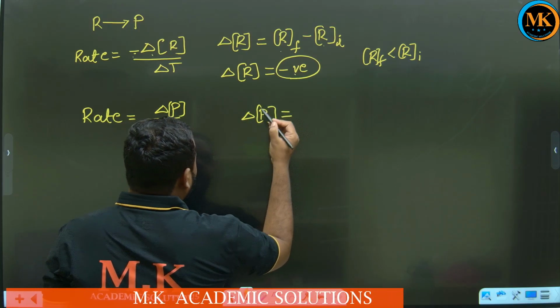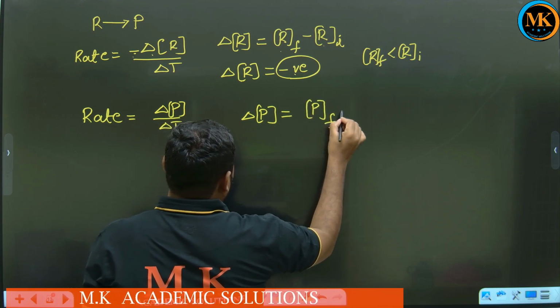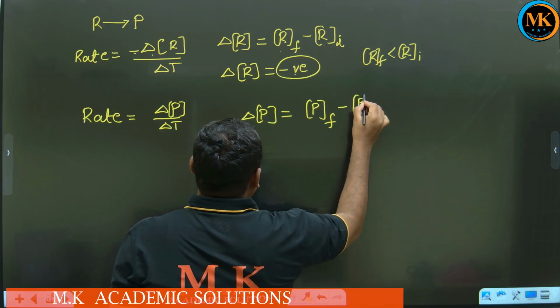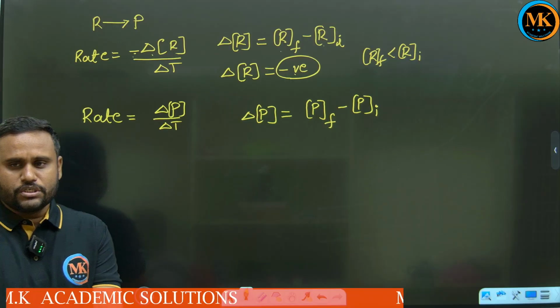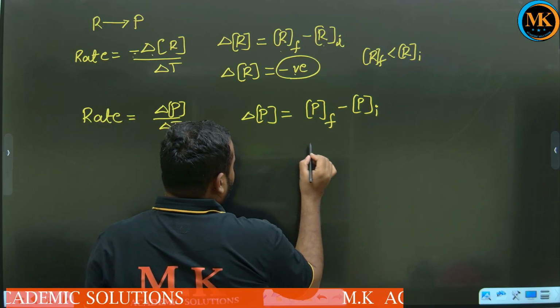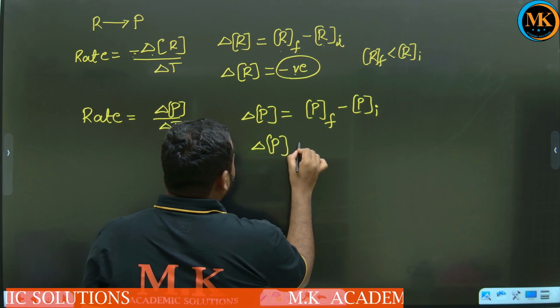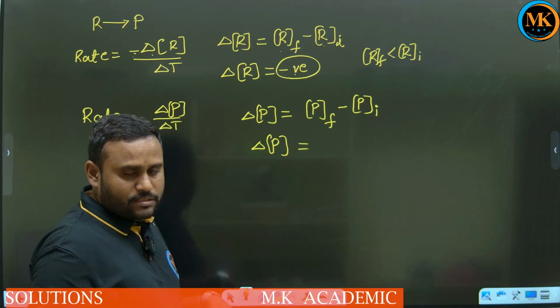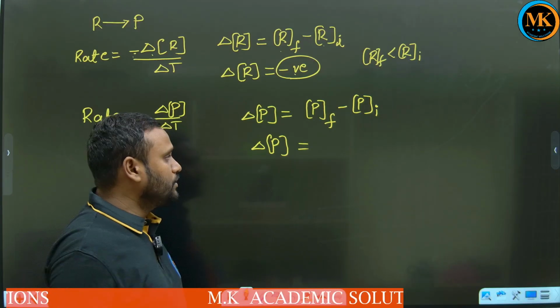Delta P is the final concentration of product minus the initial concentration of product.